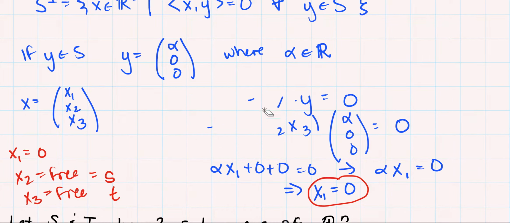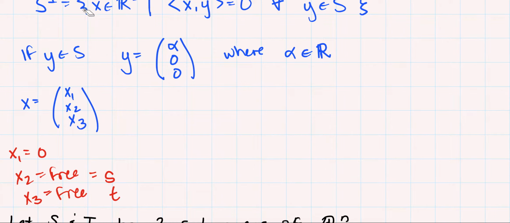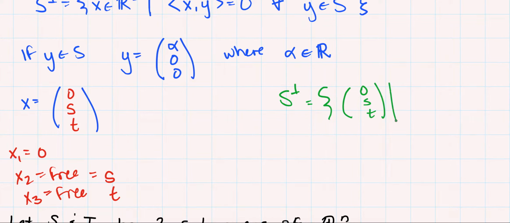So now let's write what x looks like and what S perp looks like. x has to be (0, x2, x3), where x2 is free and x3 is free. So S perp is the set of all vectors that look like this, where s and t are real numbers.